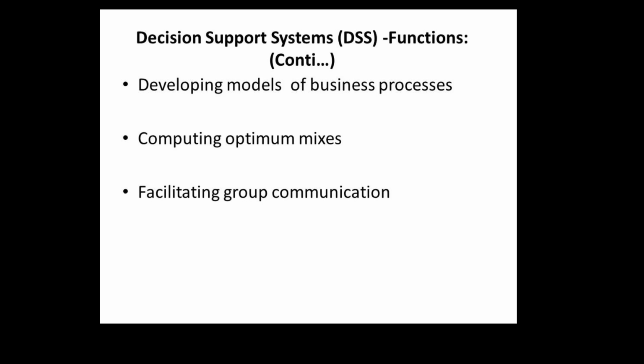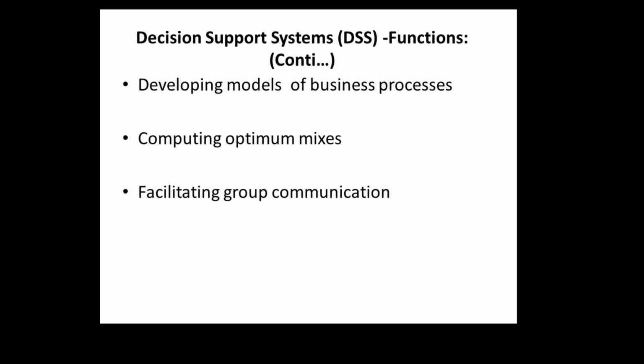For example, sales related to the number of sales staff, and sales as a function of advertising, with a statistical program that estimates the parameters of such equations. So developing a model in the sales area is one such example. Developing a model of business process is an important function of a decision support system.